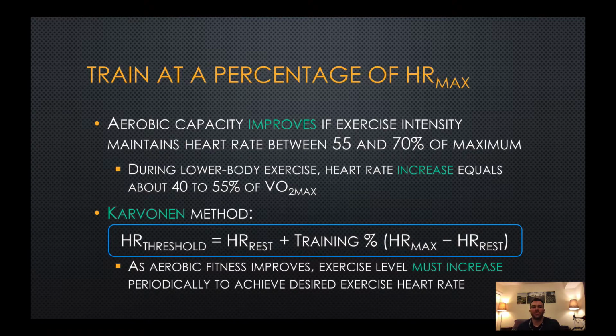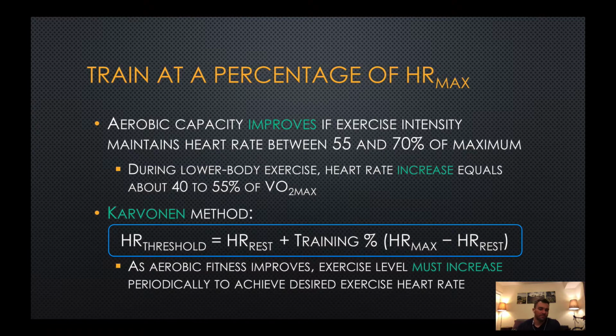So if you're going to do the Karvonen method for someone that needed to increase their aerobic fitness, you would take their heart rate at rest, let's say it's 60 beats per minute. You would do heart rate max minus heart rate rest.